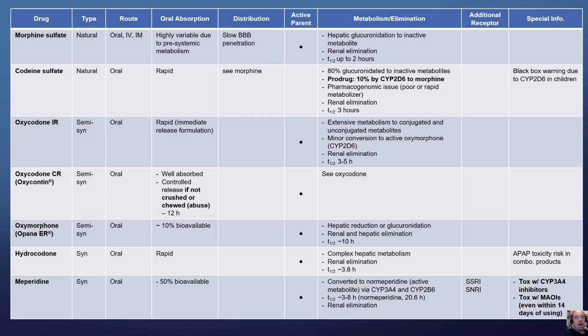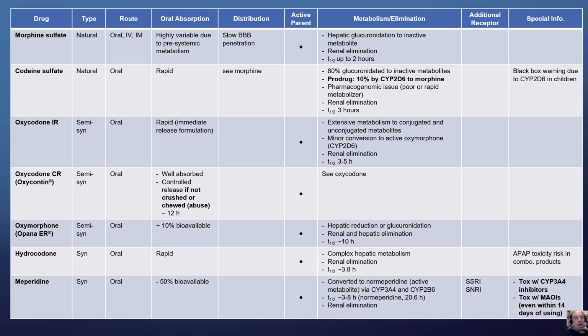Normally it takes about 12 hours to get the full oral absorption. If you chew or crush them, it might take 1 or 2 hours. So that's really important to understand, and for patients to understand. It should be taken as the whole tablet, basically.